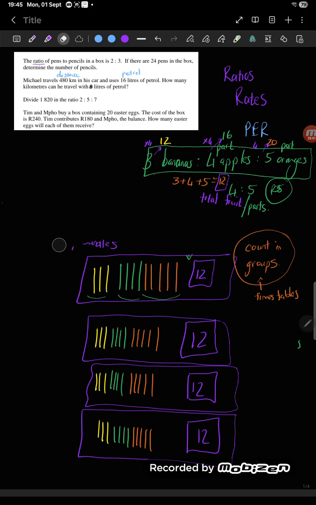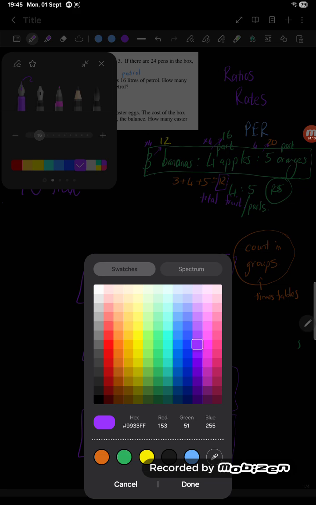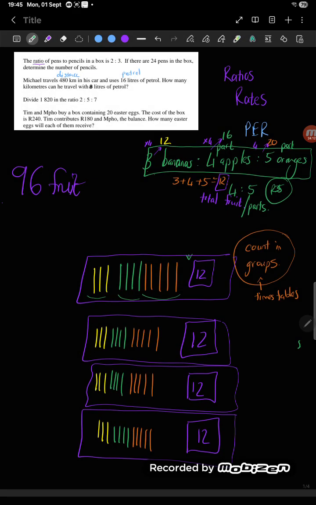What if I had 96 fruits and I needed you to tell me what ratio, how many bananas I have, how many apples I have, and how many oranges I have? Well, we can do this algebraically instead of drawing the whole thing out until we get to 96, because we've got times tables. So I'm going to say 3 to 4 to 5.